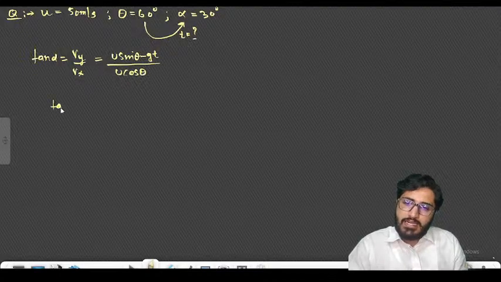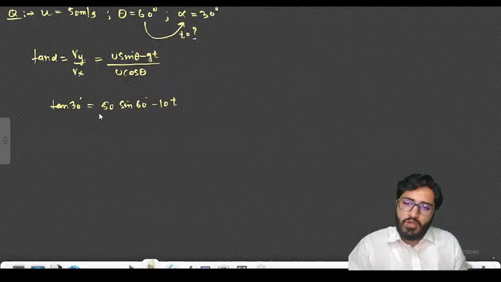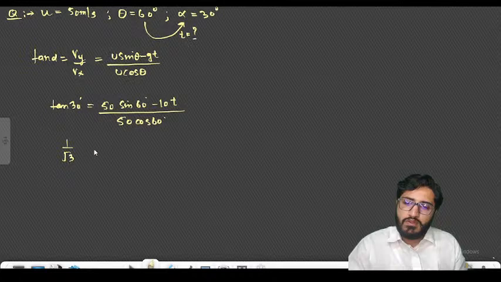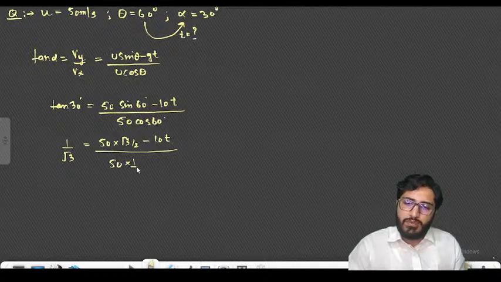Tan alpha is tan 30 degrees, so u sine theta, u is 50, sine 60 degrees, minus g into t, whole divided by u, which is 50, and cos 60 degrees. Tan 30 degrees is 1 by root 3. So 50 multiplied by sine 60, which is root 3 by 2, minus 10t, whole divided by 50 cos 60, which is 1 by 2.